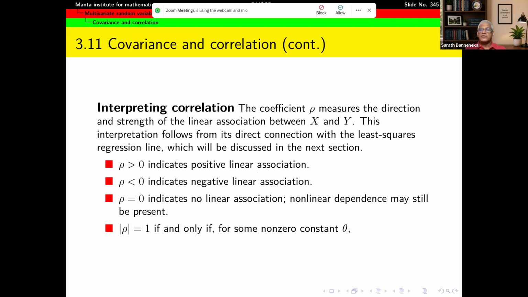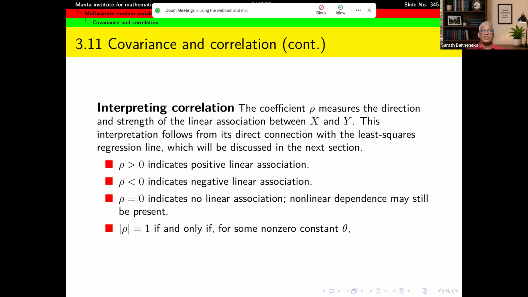Well, the correlation coefficient rho measures the direction and strength of the linear association between x and y. So where did this word linear come from? Up to now, we were not talking about any linear association. So here we say the coefficient rho measures the direction and strength of a linear association between x and y.